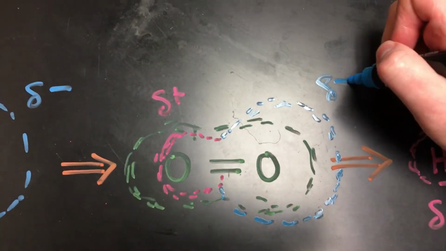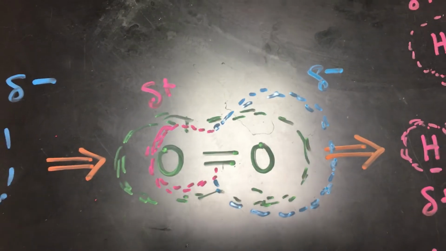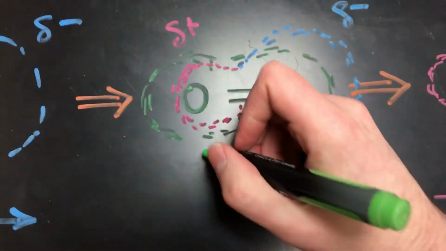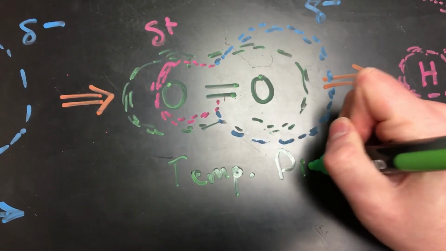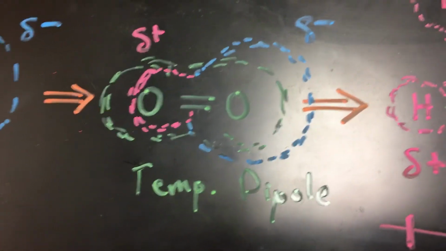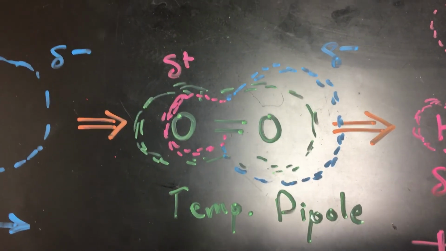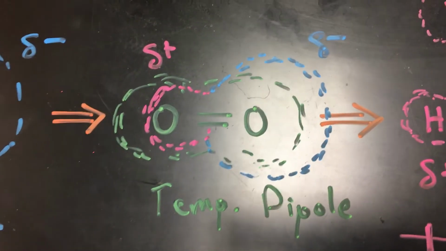We got our partially negative side there. And what we make here is a temporary dipole. Again, something that we saw with dispersion forces, except in those cases we call it either instantaneous or induced, depending on the situation. In this case, the dipole has shown up by the pushing and pulling of another.